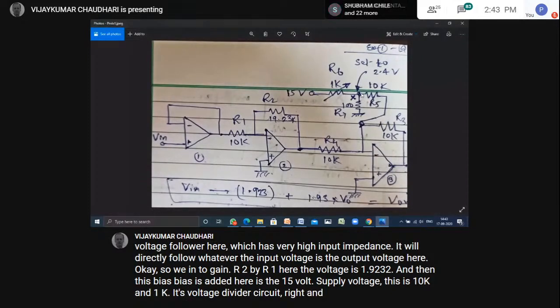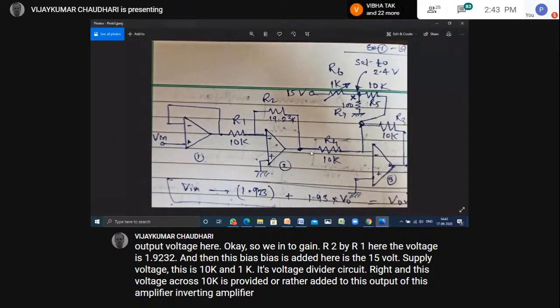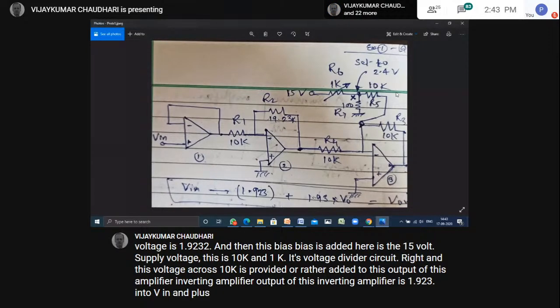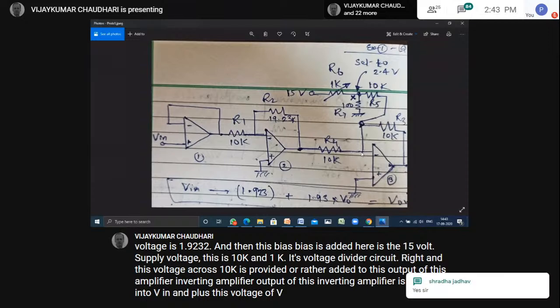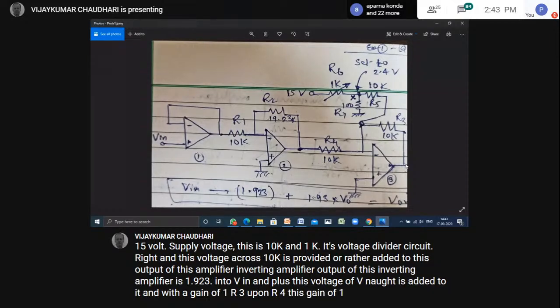And this voltage across 10K is added to the output of this inverting amplifier. The output of this inverting amplifier is 1.923 into Vin, plus this voltage of V naught is added to it, and with a gain of 1, R3 upon R4, this is the output voltage.